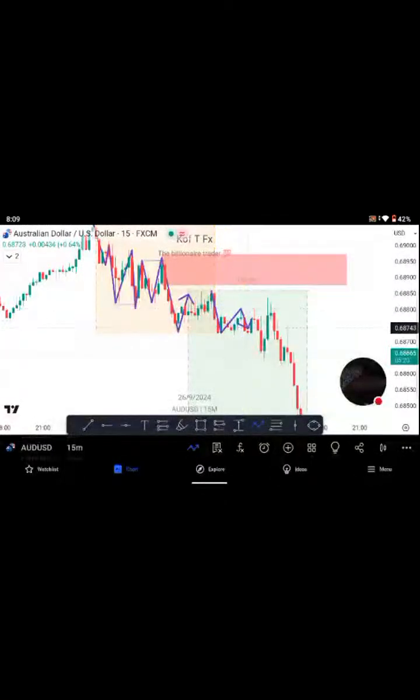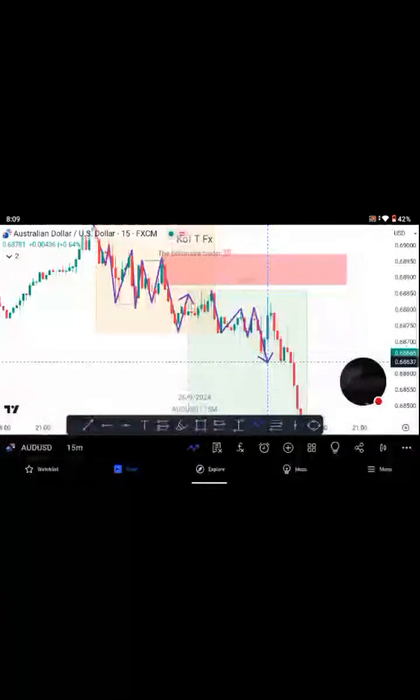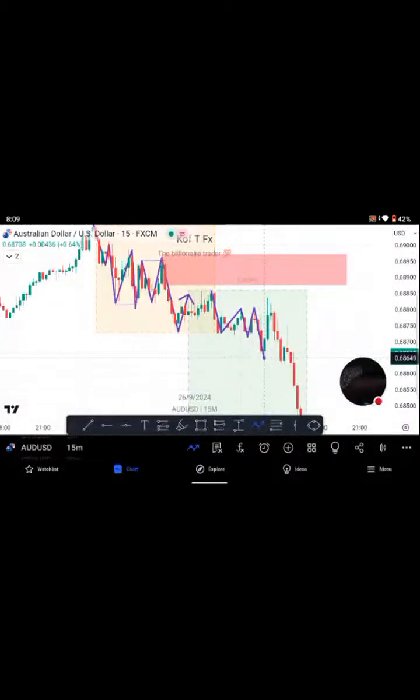Okay. You have this here. So coming down, you have this, then down, and we have this grabbing of liquidity, and we have this break of structure, then we have this pullback. So there's something to be noticed. I have two things here.